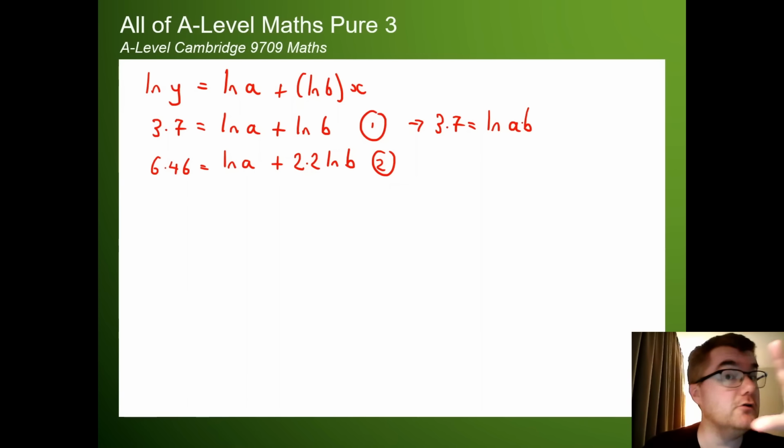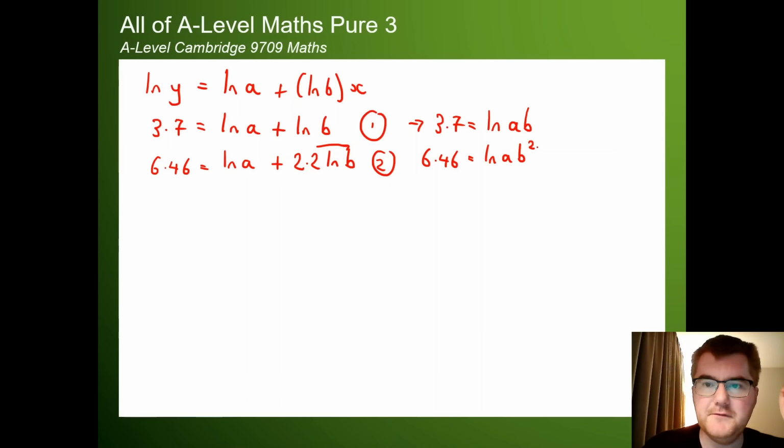Remember your basic log rules from iGCSE or Pure 1. Here we can do the same thing as well. Remember with logs we can bring this to the back. So we have 6.46 is equal to the natural log of ab to the power of 2.2. Only at this point can we raise both sides with the exponential function.